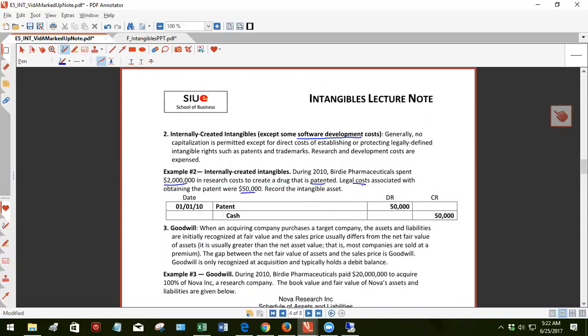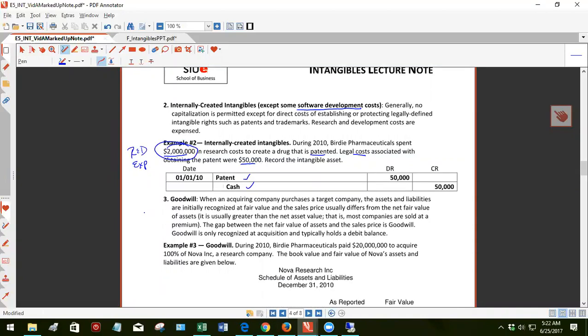Only the legal and other costs to secure the patent are capitalized. The $2 million is going to be R&D expense. So you'd have R&D expense debit, and then whatever else, salaries payable or salary paid, accumulated depreciation, all that other stuff would be the credit.